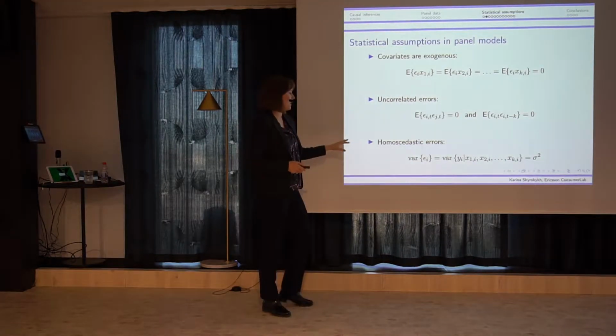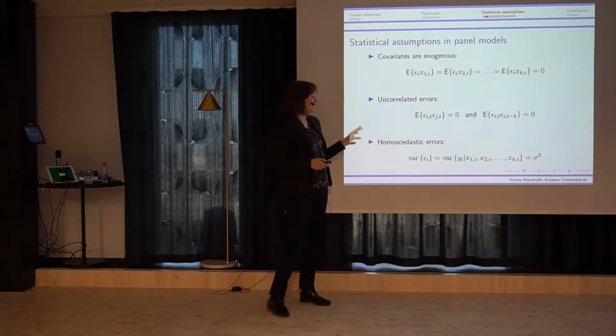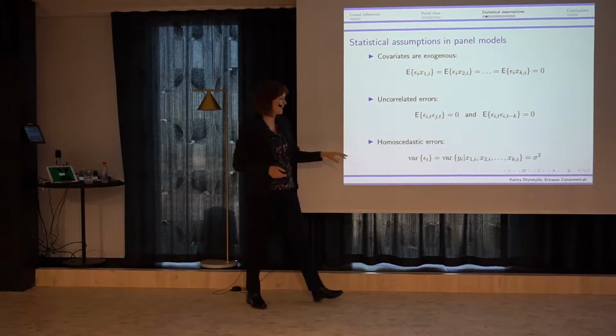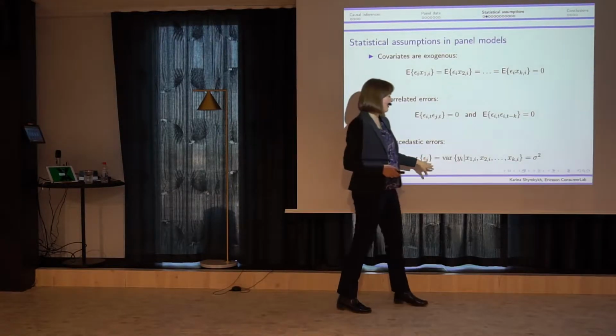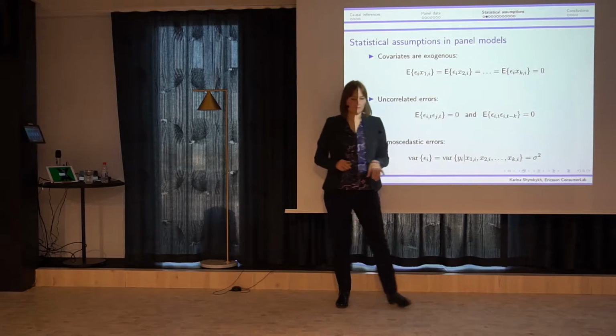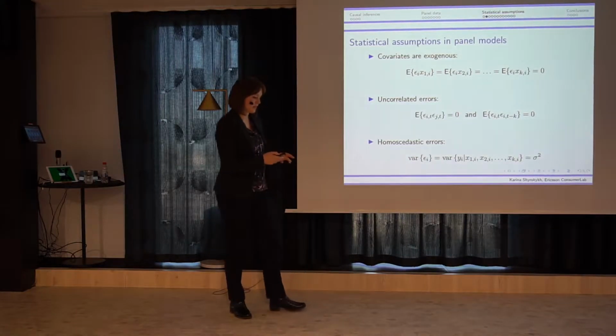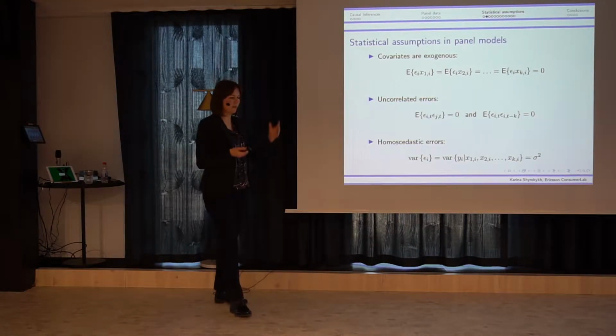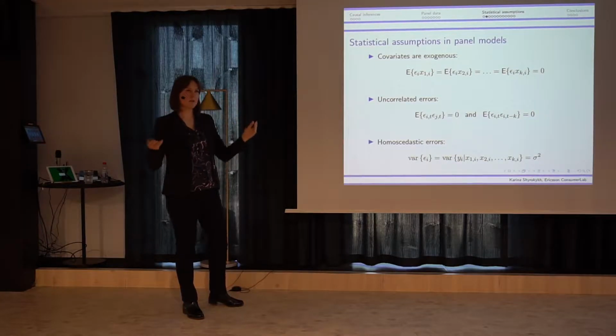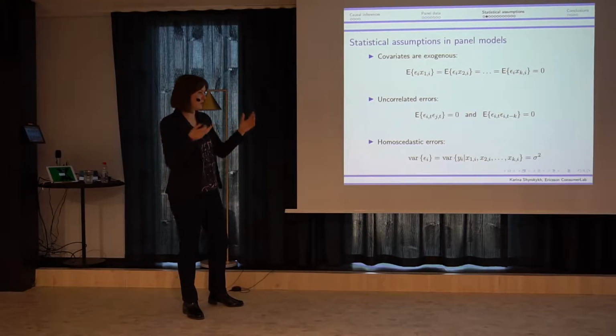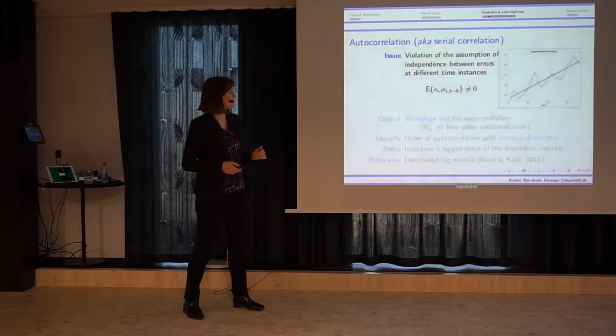Another assumption is that we have homoscedastic errors. So basically the variance is the same for every unit. You have the same variance, and it is equivalent to the variance of the whole set of your individuals, so whatever is a unit of analysis.